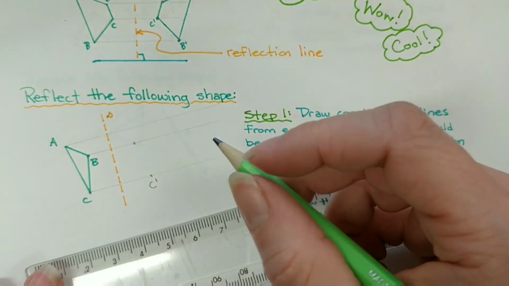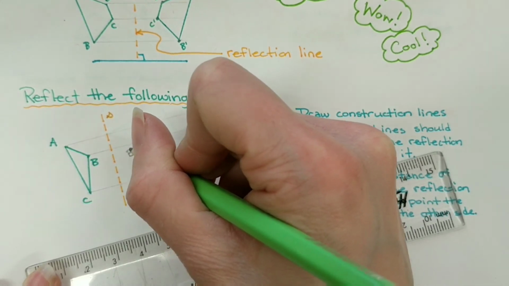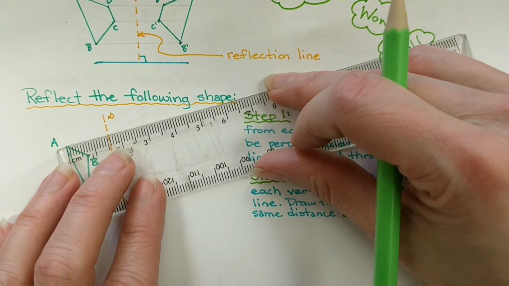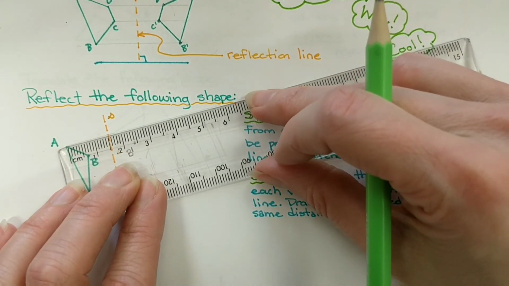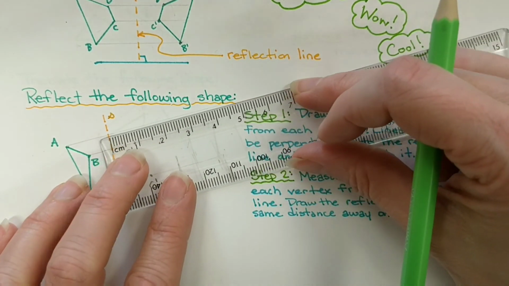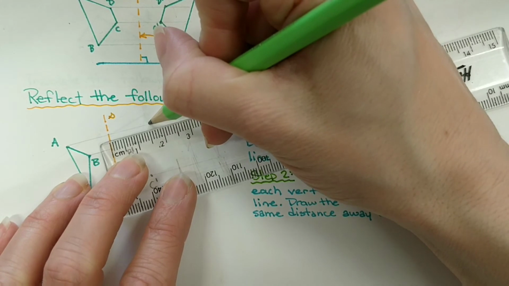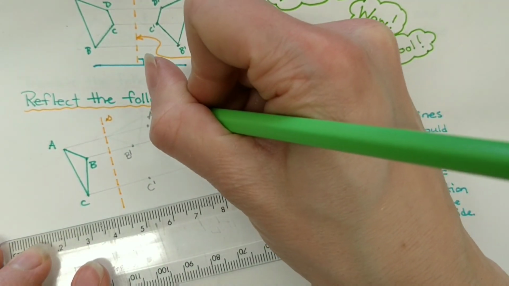So I measure 0.9 centimeters on the other side of the reflection line, and I'm going to call that B prime. Last but not least, we'll look at point A. So it looks like we're 1.5 centimeters away. I'm going to go 1.5 centimeters on this side and draw point A prime.